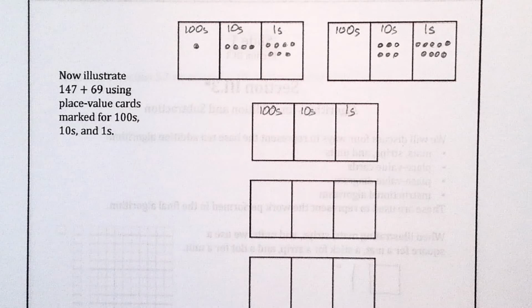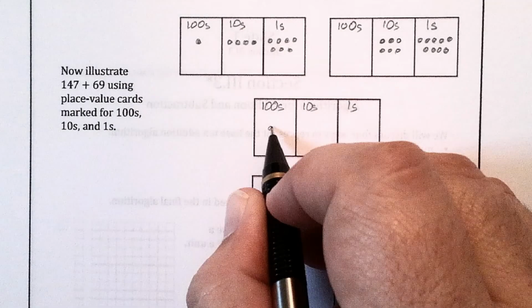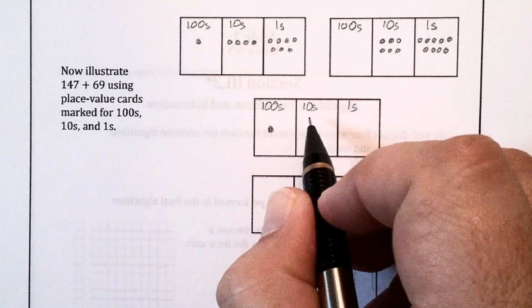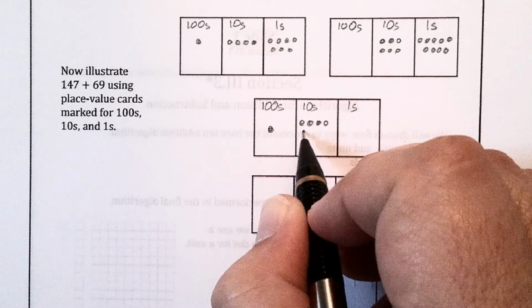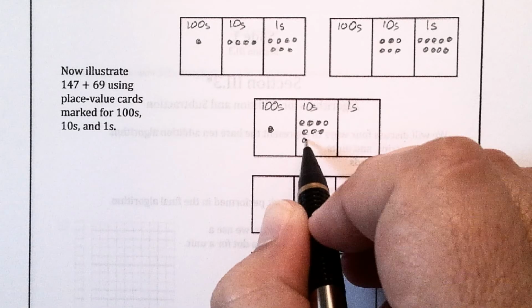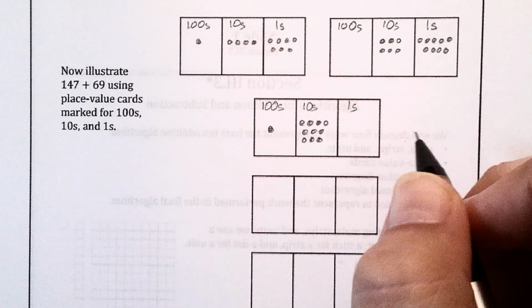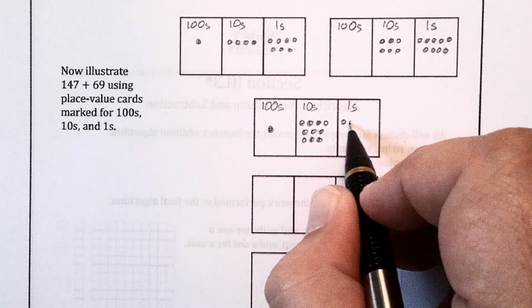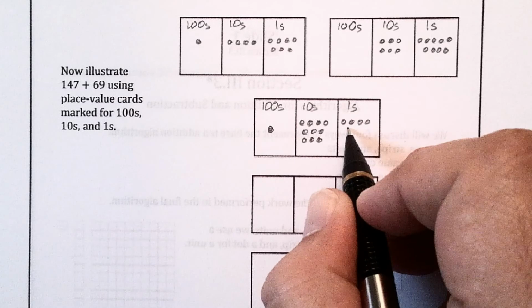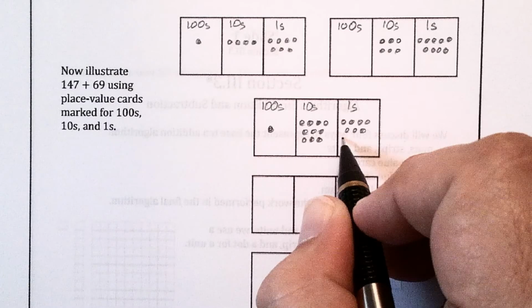So you have the 100, and then you have the 4 tens, plus the 6 tens. Then we have the 7 ones, plus the 9 ones.